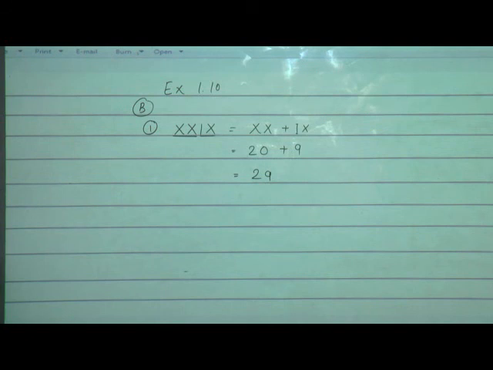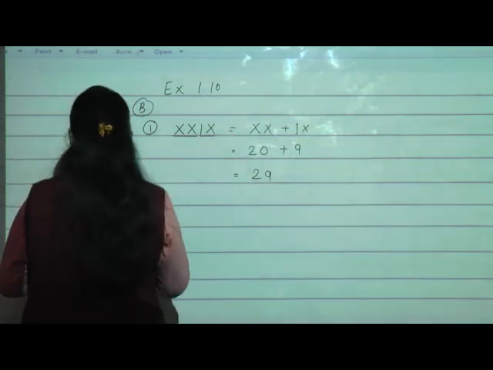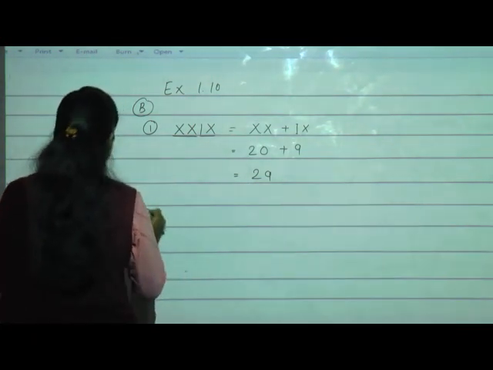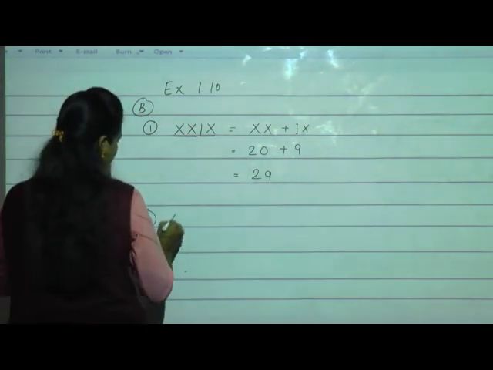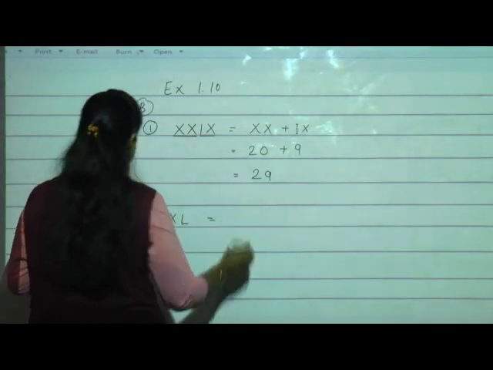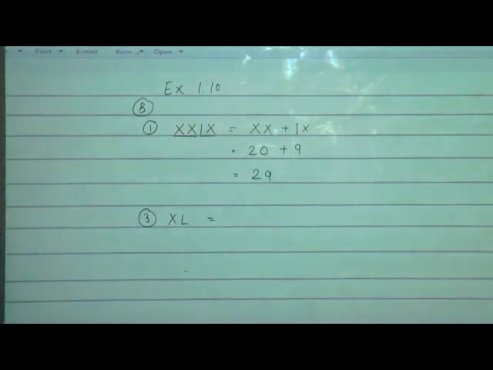Clear? Very easy. Now let me solve the third one for you. What is the third one? XL. See, interesting, huh? We have studied about this number in our rule. What is the rule? A smaller numeral written to the left of the numeral of greater value is always subtracted.